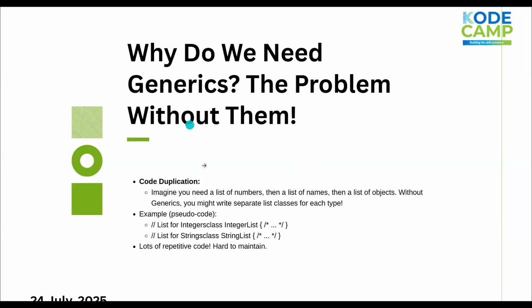So how do we solve that? We introduce generics, whereby we create just one class that handles numbers, names, objects, all in one, thereby making it dynamic. By doing this, we prevent repetitive code, right? Without generics, you have a lot of repetitive code, which will be hard to maintain.